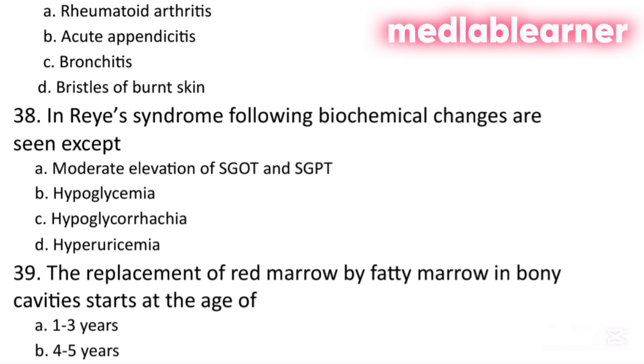38. In Reye's syndrome, the following biochemical changes are seen except A. Moderate elevation of SGOT and SGPT, B. Hypoglycemia, C. Hypoglycorachia, D. Hyperuricemia.